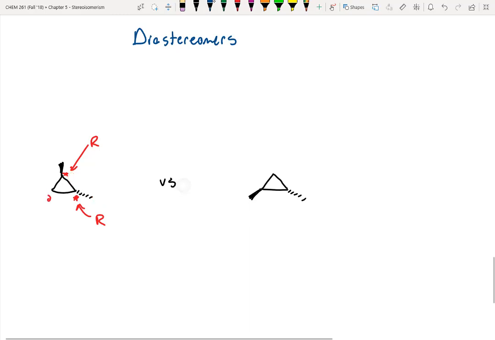All right, so now let's back up and look at the other one. Got a stereocenter here and a stereocenter here. Let's determine whether those stereocenters are R's or S's.